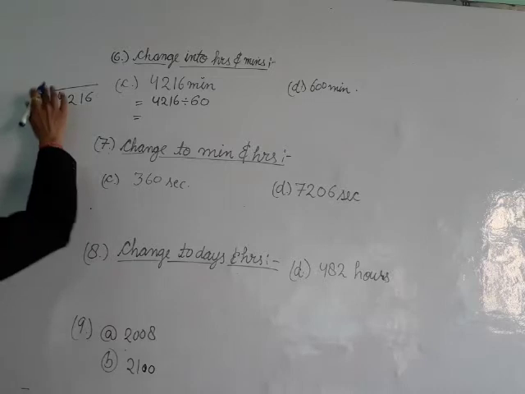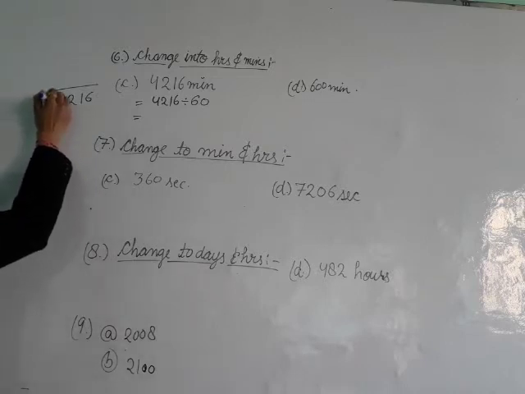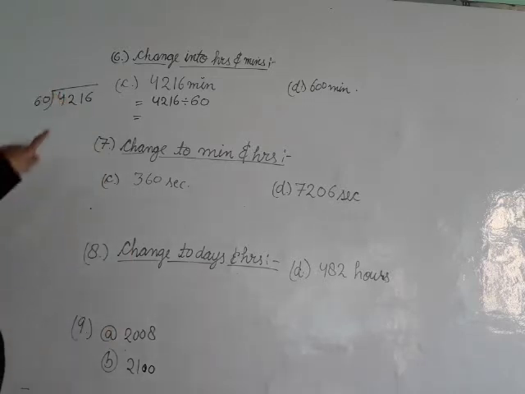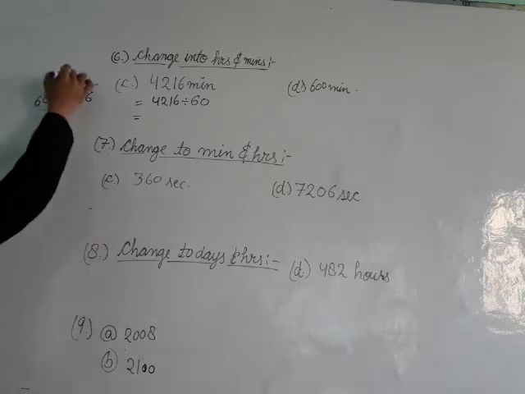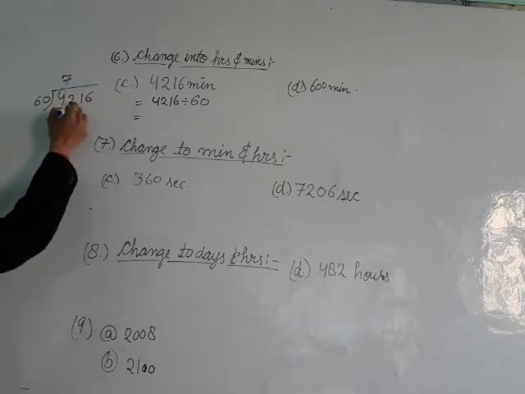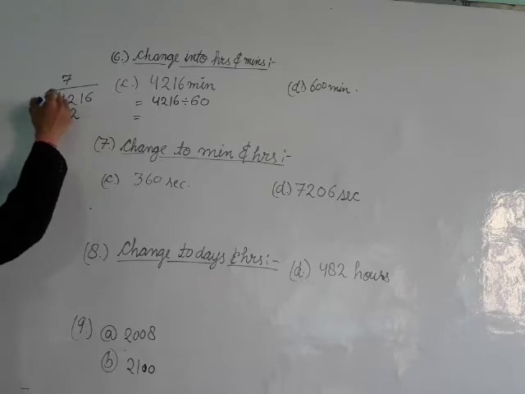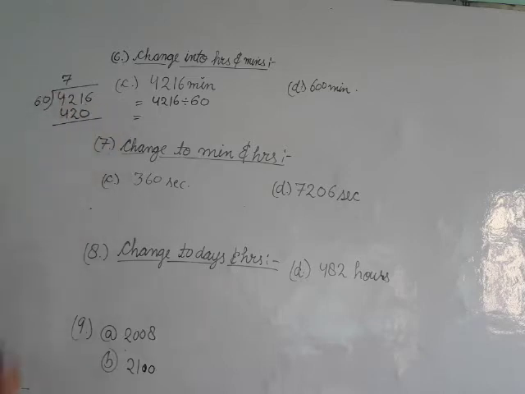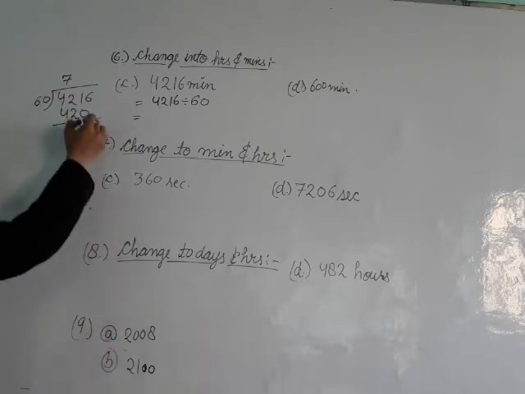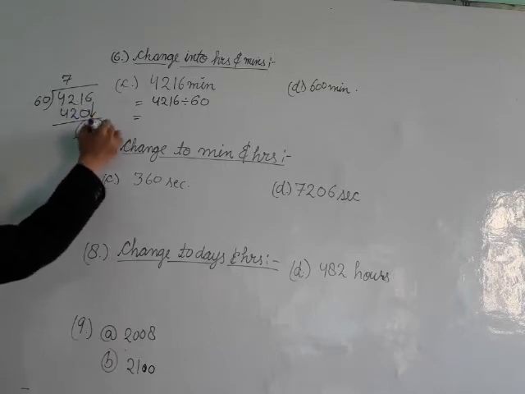Then 60. See here, we know that 6 sevens are 42, and if we are seeing here 60, then 10 will increase. And here how much is remaining? 1, and here 16. That means the remainder is 16.